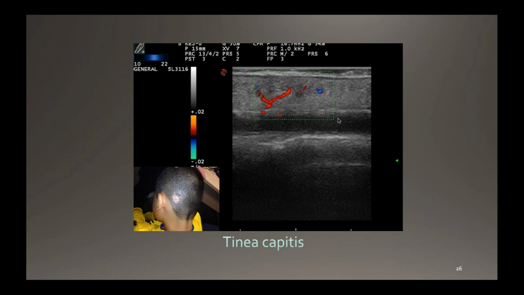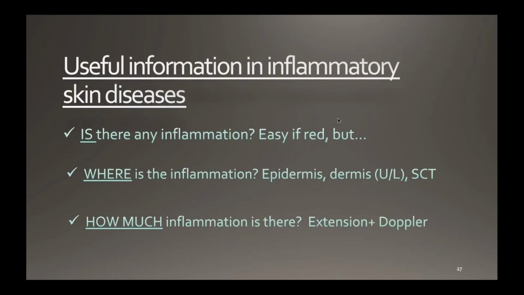Sometimes it's not so easy to assess from a clinical point of view because the inflammation is deep. In the case, for example, of lichen planus or frontal fibrosing alopecia, the clinician sometimes does not know if there are signs of inflammation. Then your ultrasound may be useful to assess the inflammatory state to decide active treatment or observation.